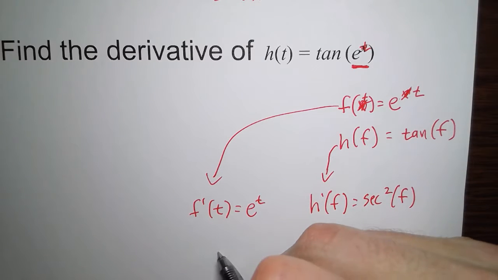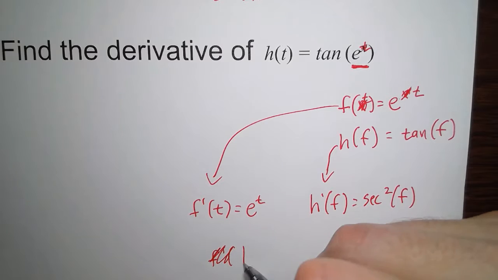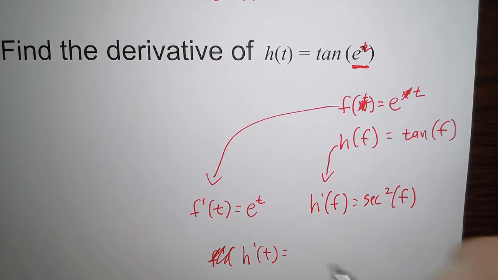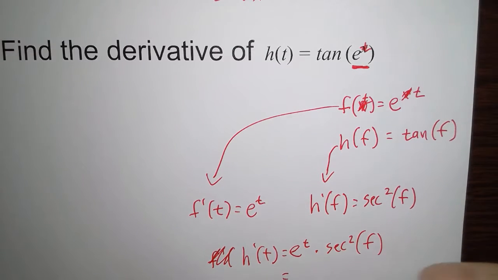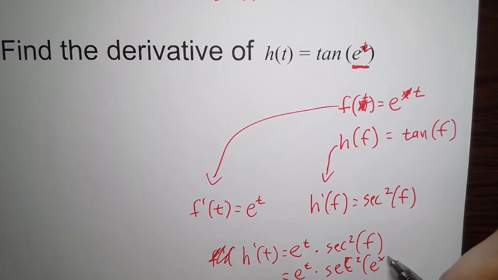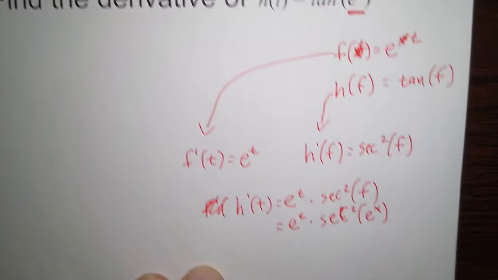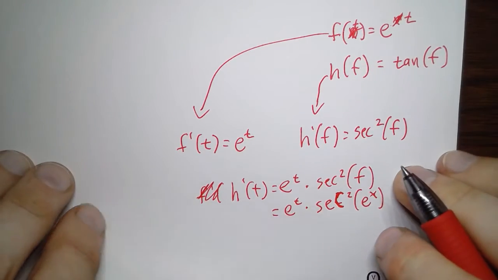And so to find f prime, h prime of t, we're going to multiply e to the t times secant squared of f. And all we have to do here is replace f with tangent, e to the x. Secant squared e to the x. And so that is our derivative for number 6.